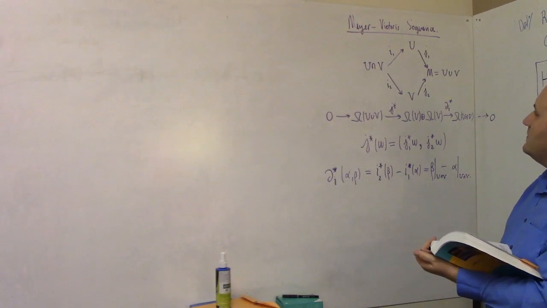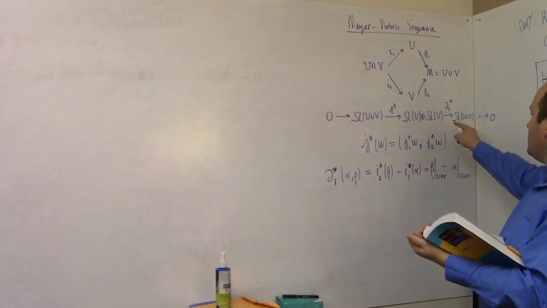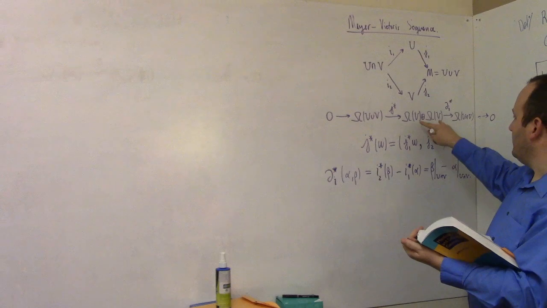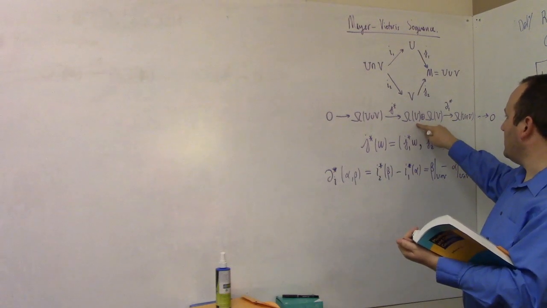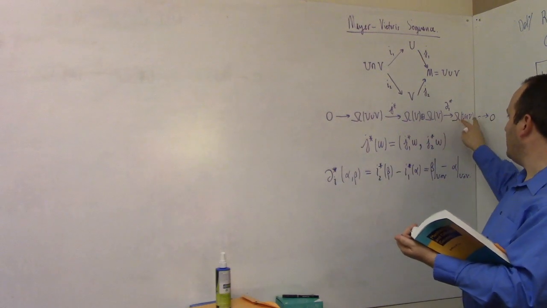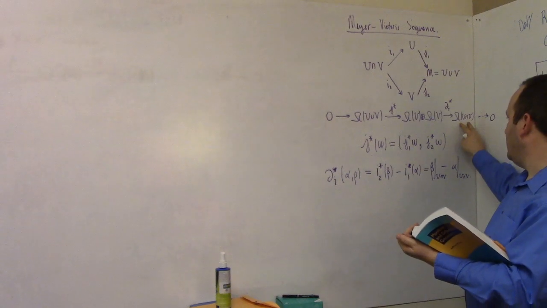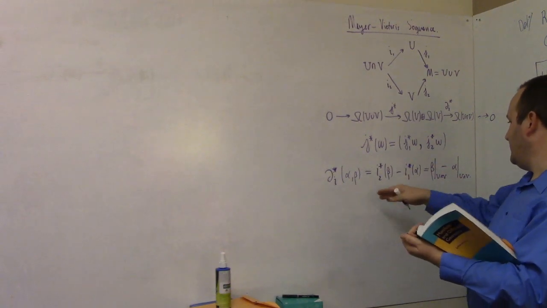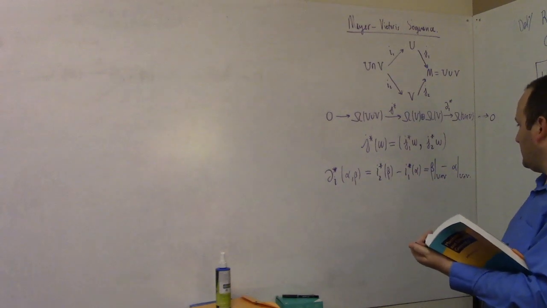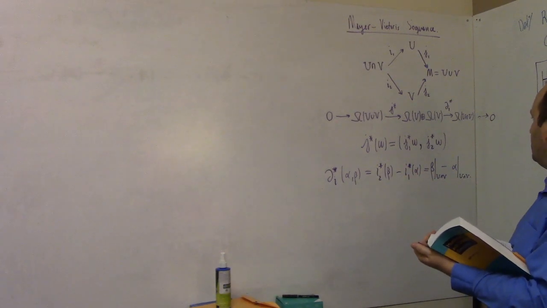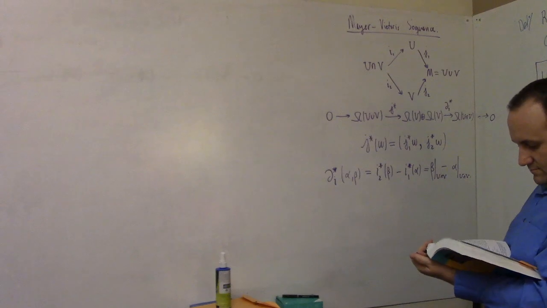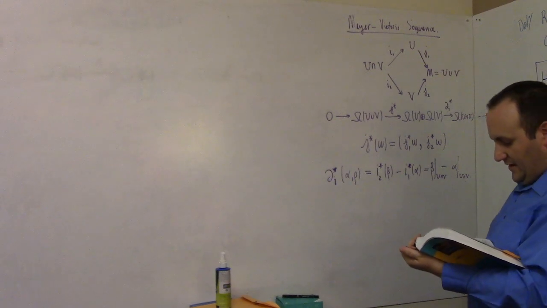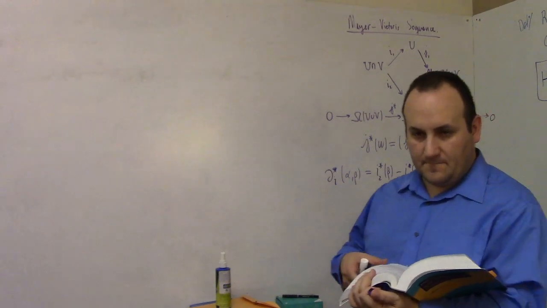Does that make sense? So we're going from a pair of forms, one on U, one on V, to a form on the intersection. Huh, that's cool. So you just restrict each one of these to the intersection and take their difference. Why do we have to take their difference? So that we actually get an exact sequence, right?